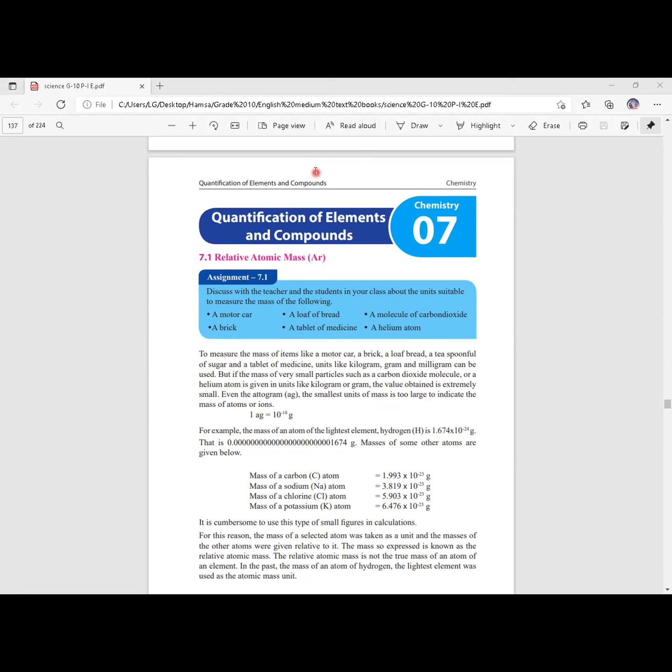So tell me the unit to measure the mass of a motor car. Can you use milligrams, grams, kilograms, or ton?